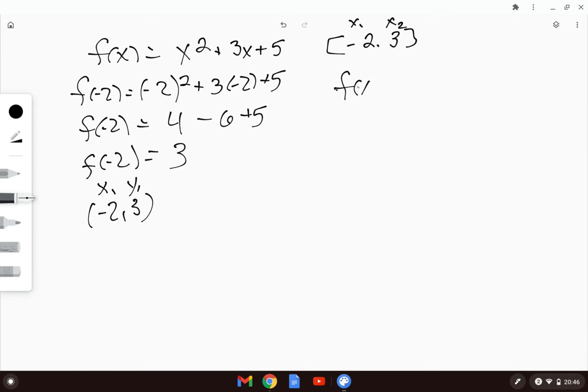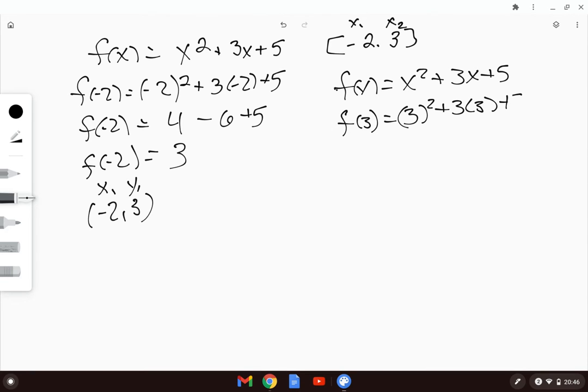Now, the next thing that I'm going to do is take the x2 value and substitute that into the same function. So when I do that, I have f of 3 equals 3 squared plus 3 times 3 plus 5.